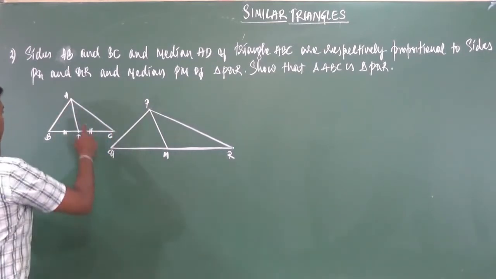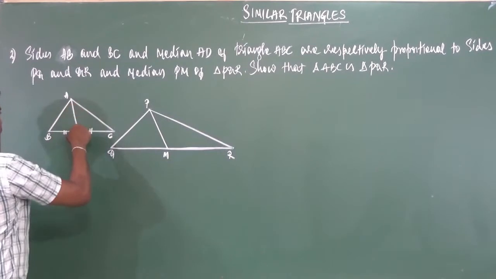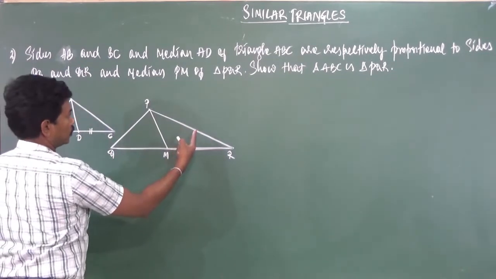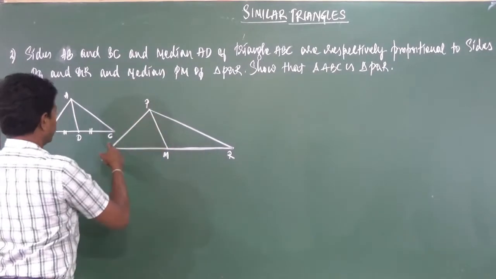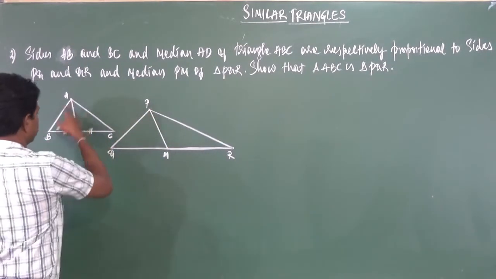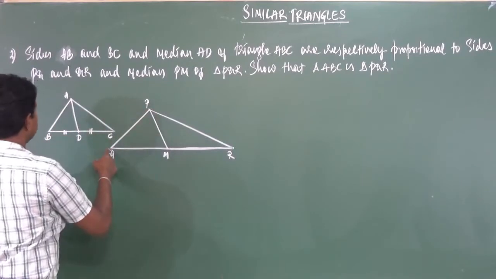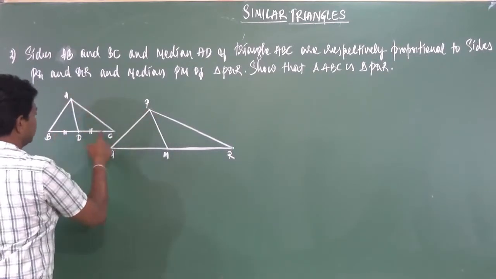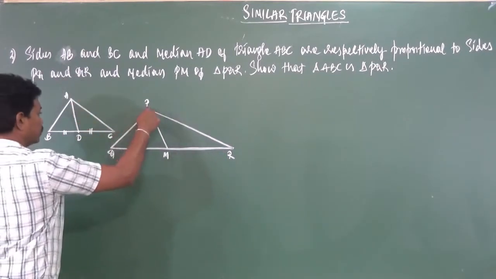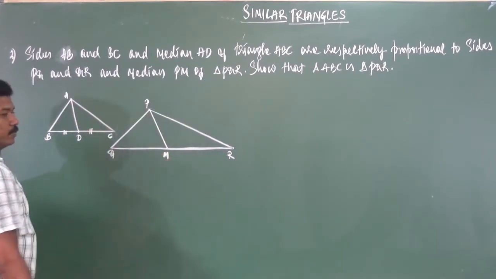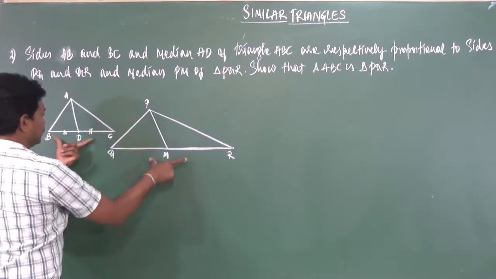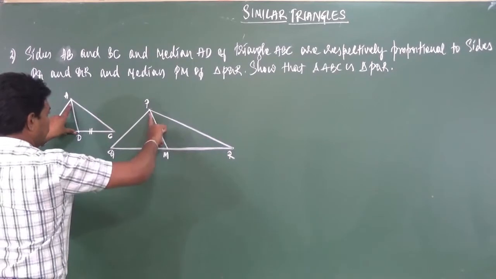AB, BC and AD of triangle ABC are respectively proportional to sides PQ, QR and median PM of triangle PQR. That is, AB by PQ is equal to BC by QR and AD by PM.